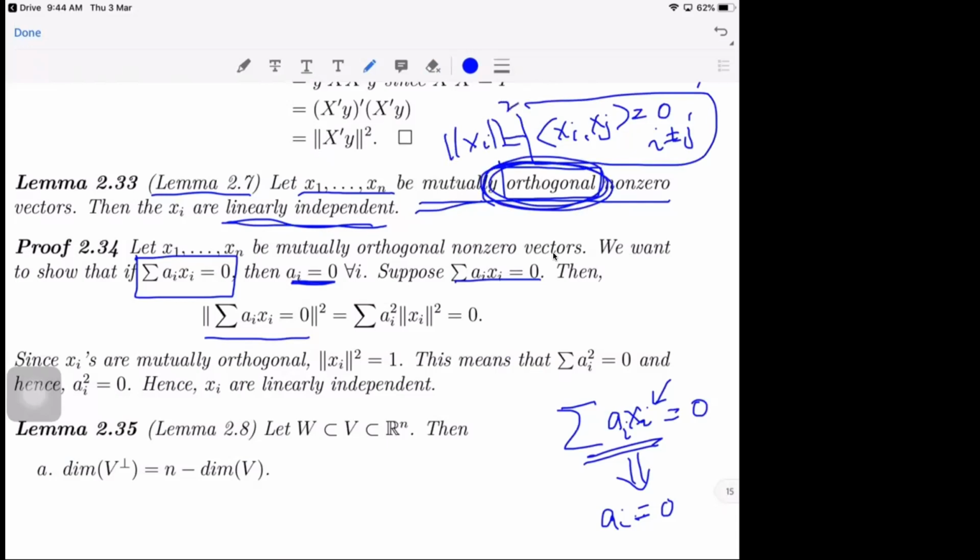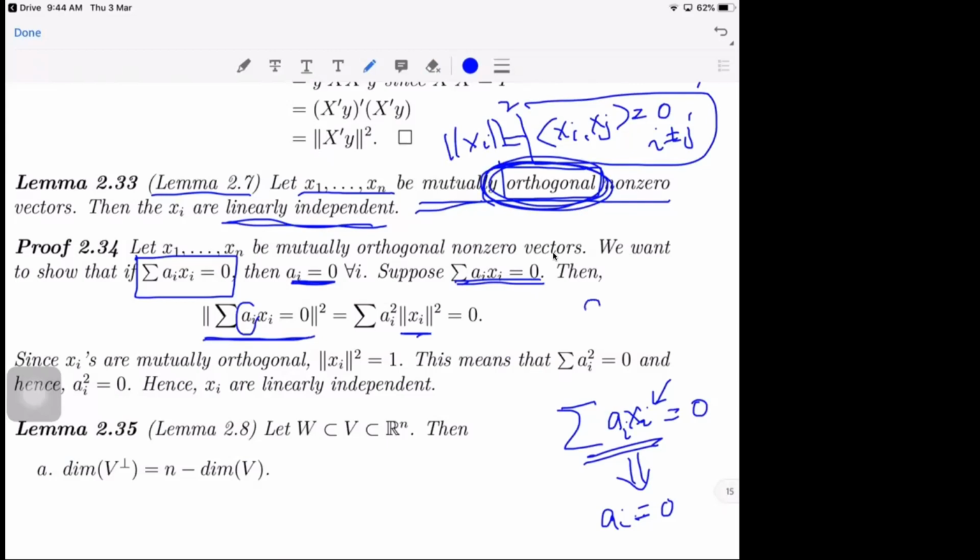So from your assumption here, get the square norm. Since the ai are just constants, the square norm is just related to the square norm of the vectors.